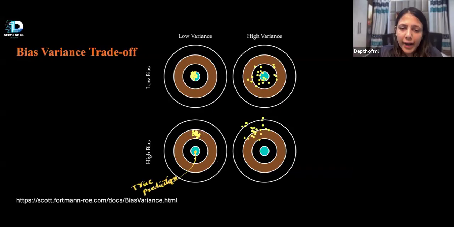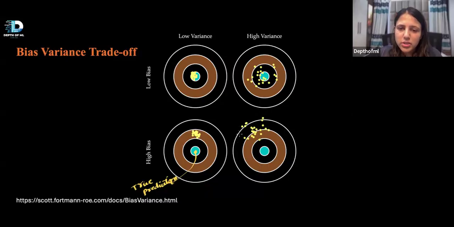It's not at all learning what is there in the data. Whatever training data it had, it probably didn't learn anything. It has low variance because you can see that the prediction values, these yellow ones, are not that much scattered when I compare it to this particular dartboard, right?